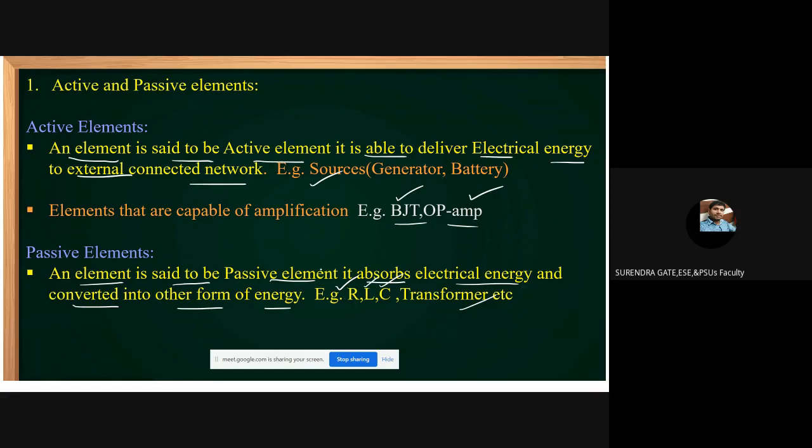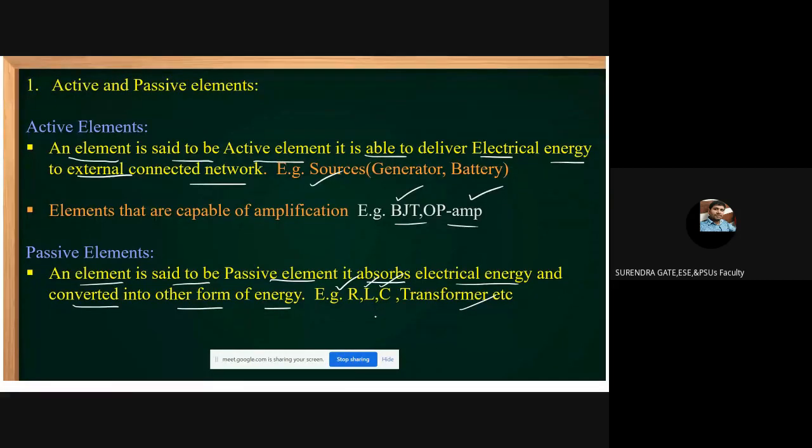In iron boxes also we utilize this concept. Internally there is a resistor, and when current flows through it, the power is dissipated as heat. That heat energy we utilize in iron boxes. Understand? It takes electrical energy but converts it into heat energy.